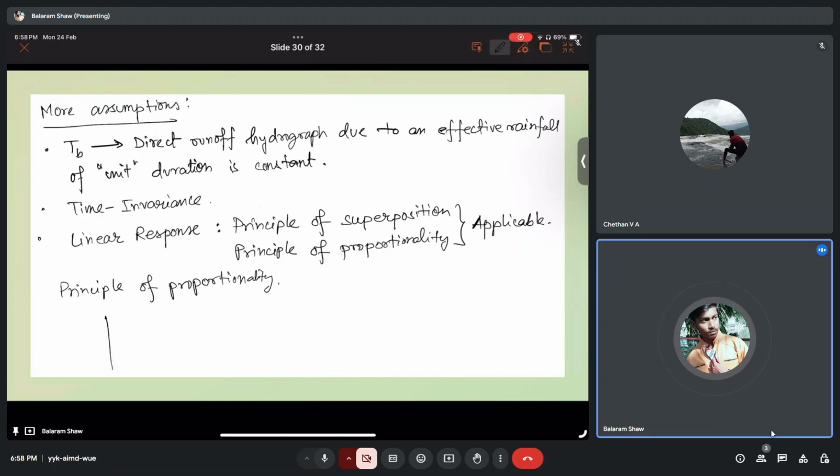So here you see, let's say you have a rainfall event of duration d. This is discharge versus time, and the direct runoff hydrograph is something like this.